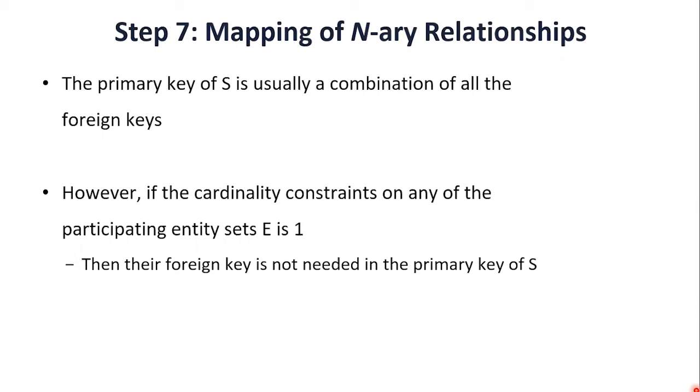However, if the cardinality constraint on any of the participating sets E is 1, then their foreign key is not needed to be included in the primary key of S.